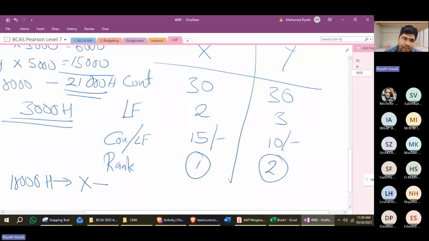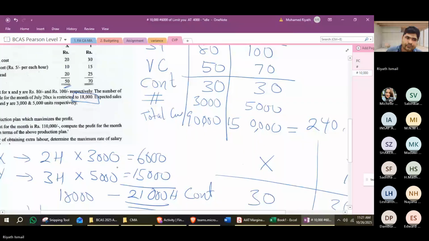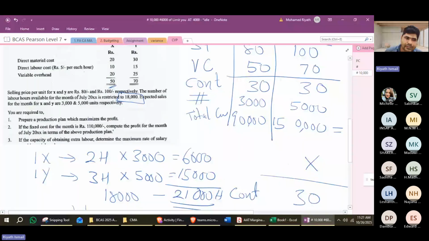We have demand in the market. We have demand for product X. Product X demand is 3,000 and Y 5,000. So our production is limited by the market demand.